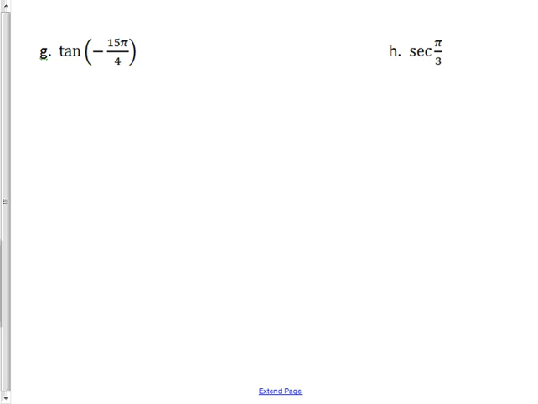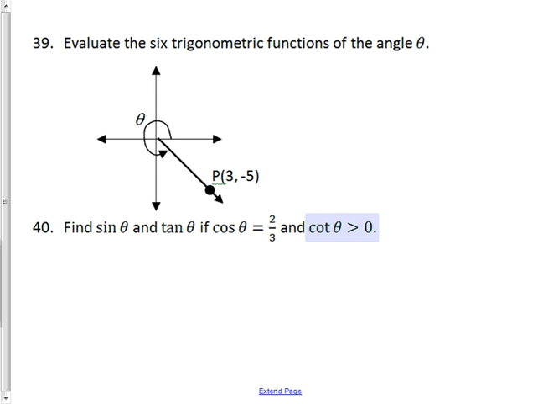But you'll have a calculator, so if you want to just do it with a calculator, that's the easy way. All right, and this one, though, they try to set up specifically so you couldn't just type it in the calculator. You've got to figure out what's going on. Evaluate the six trig functions of this. Well, remember that when we first were doing this, we did this was 30 degrees, and we figured out the answer for it, and then I said you could also go over here and do the same thing. Do you remember that?